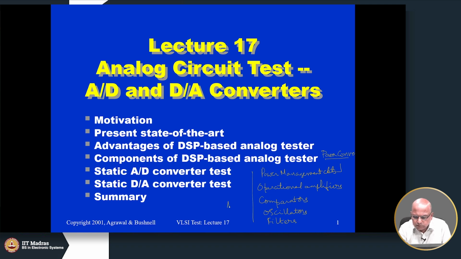And A to D converters and D to A converters are particularly useful, because what happens is we may have sensors such as pressure sensors, okay, or temperature sensors, velocity sensors, accelerometers.